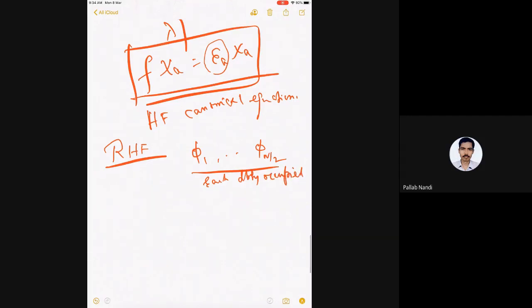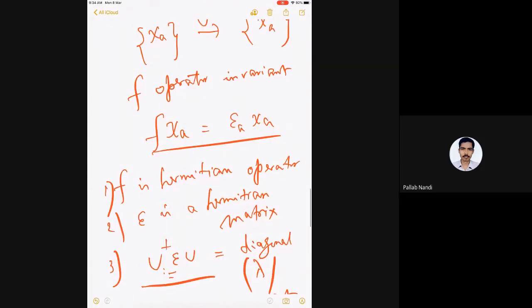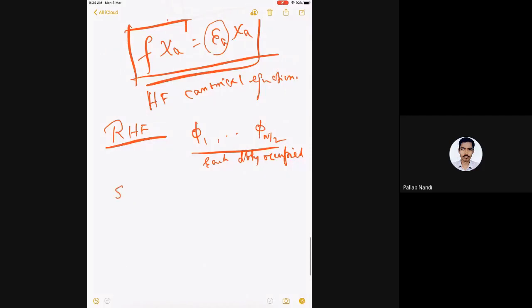So I can generate n spin orbitals, and then I go back to this canonical equation and do a spin integration. I'm sure this has all been done: spin integration, and then you obtain a Hartree-Fock equation, which I call the RHF equation, in terms of only spatial orbitals.